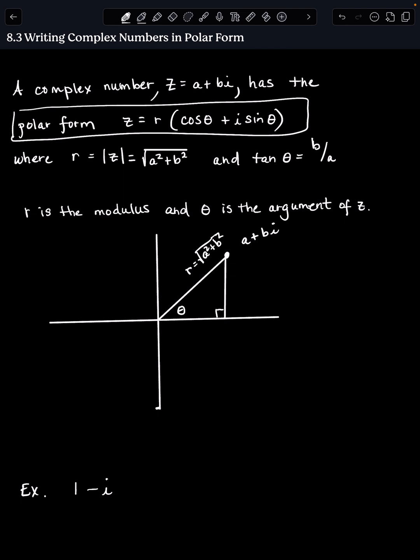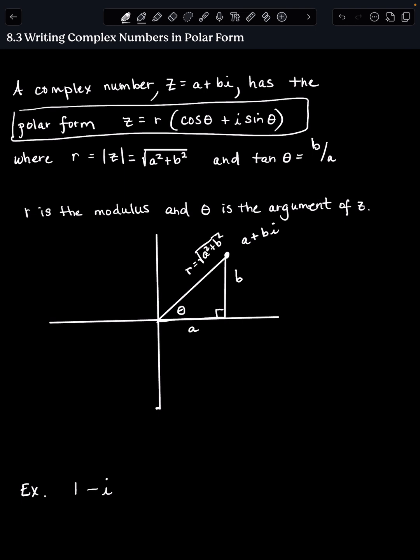I know that this horizontal distance is a and my vertical distance is b. So let's look at the relationship between theta and a and b. It's just like when we looked at the relationship between theta, r, and x and y, going from rectangular to polar and from polar to rectangular. Now we're going from complex to polar, but it's really all the same thing.